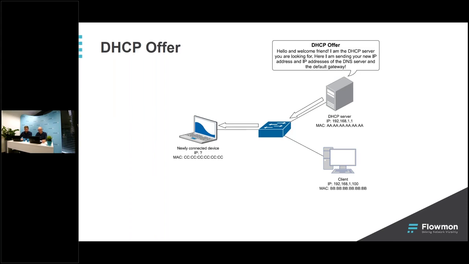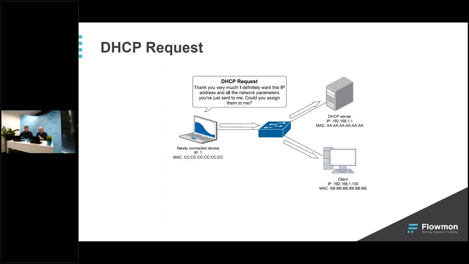In this packet, the DHCP server offers an IP address to the newly connected device and other network communication parameters, which is the IP address of a default gateway and usually the IP address of the DNS server, right? And this message is directly sent to the newly connected device.